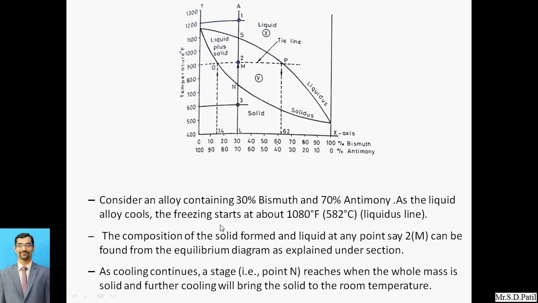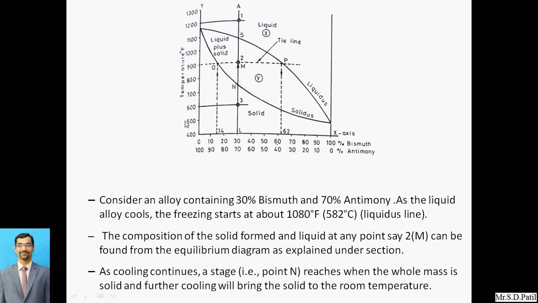Now consider an alloy containing 30% bismuth and 70% antimony. So we have intersected at 30% bismuth and 70% antimony. As the liquid alloy cools, the freezing starts at about 1080 degrees Fahrenheit, that is 582 degrees Celsius.